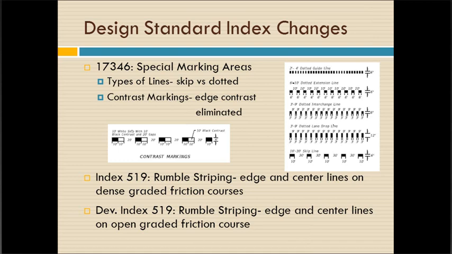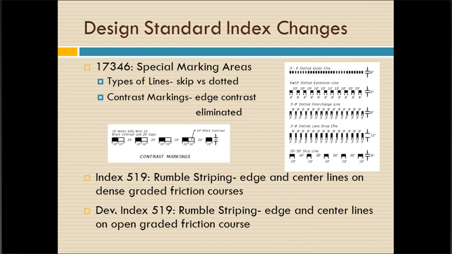You'll call up here, and it's only a formality. If you want to use index 519, it's a formality, but you have to call up here, get approval to use it, and we'll issue it. There's nothing significant about that other than we want to monitor what projects it's on. You will get an approval if you've got an asphalt roadway with open graded friction course. You will get an approval to use rumble striping.